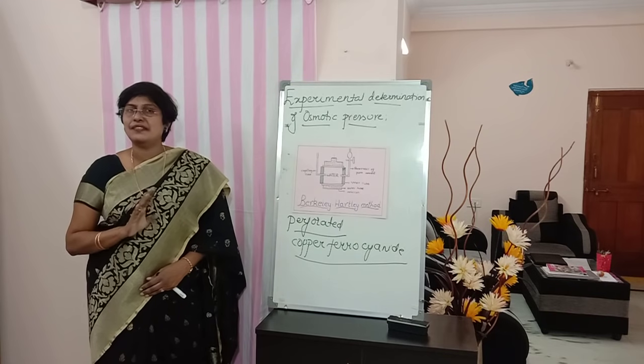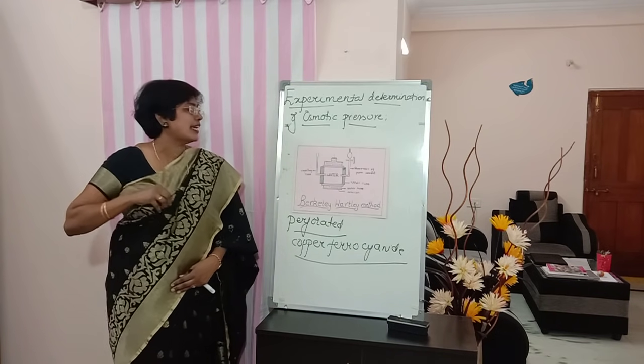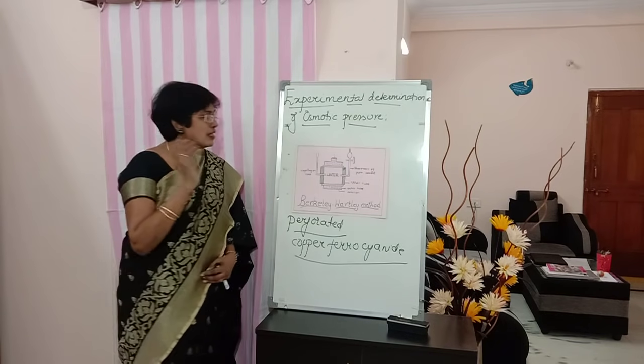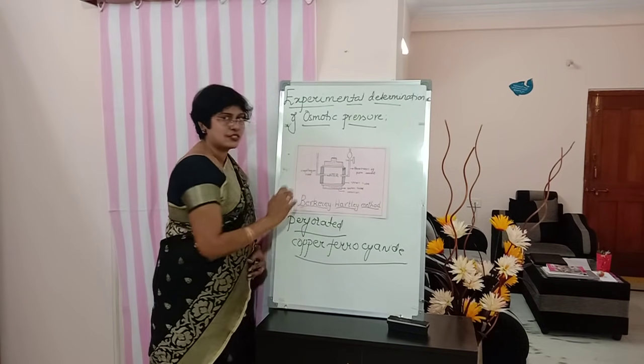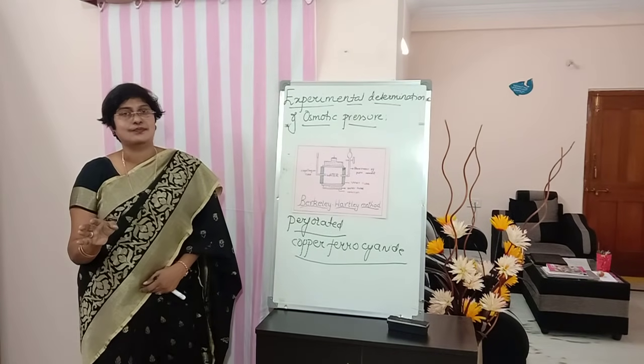You know the difference between solvent and solution, so I need not explain it once again. The outer tube is filled with solution, and the inner tube is filled with pure water.